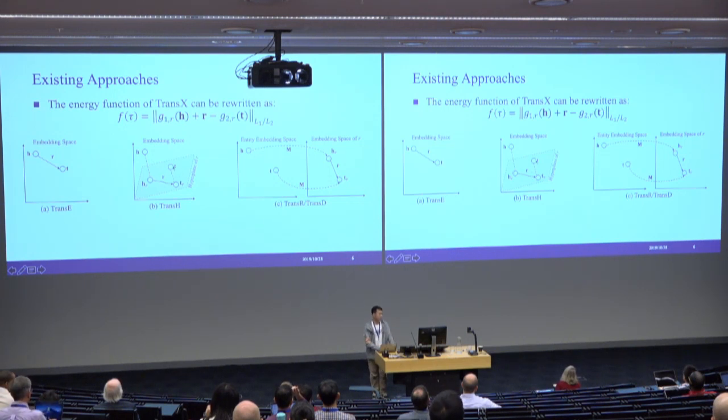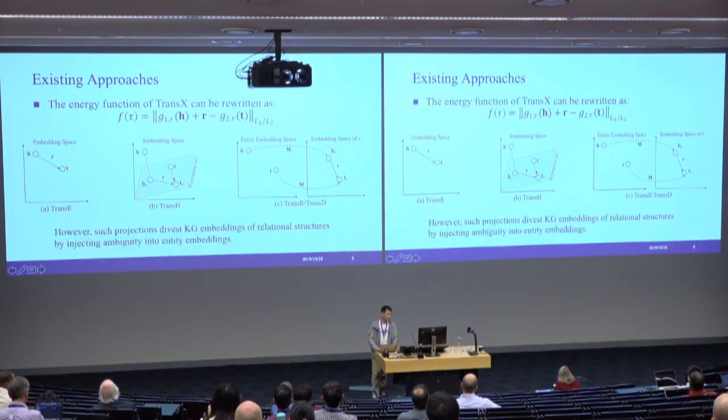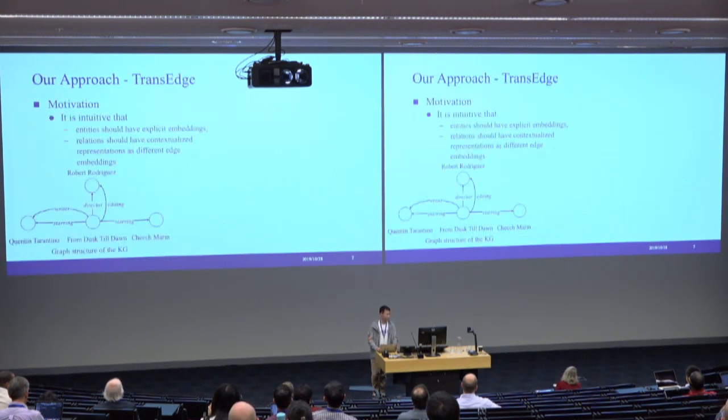Here we can see it is possible to model multiple entities with the same relation. However, these tail entities lie on this line, so these entities are very similar to each other. So these models also cannot address this problem thoroughly.